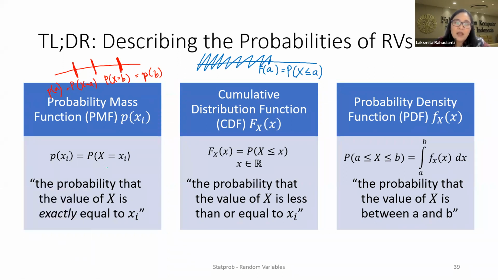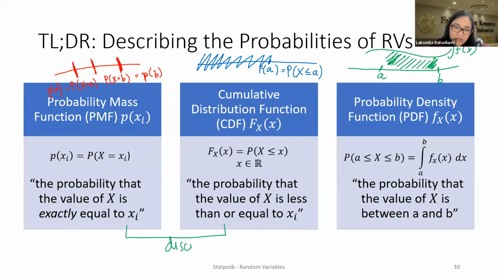Finally, I have my probability density function, which will give me the probability of my random variable having a value between A and B, which is computed by taking the area under the curve of a certain distribution function, which is then integrated. The PMF and CDF are valid for discrete random variables, and the PDF and CDF are valid for continuous random variables.